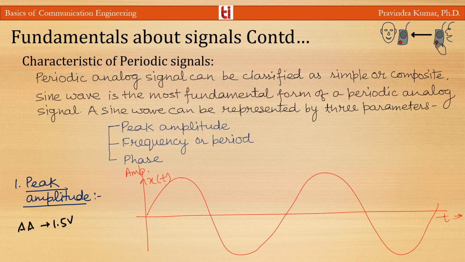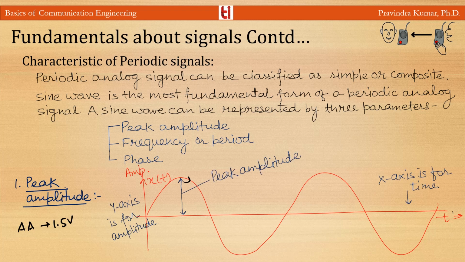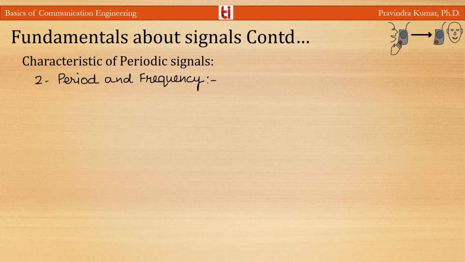The signal can be represented like this, this is the analog signal. On the x-axis this is time, and on the y-axis this is amplitude, and peak amplitude is the maximum amplitude of the signal. And then the period and frequency. Period refers to the amount of time in seconds a signal needs to complete one cycle. Frequency relates to the number of periods in 1 second.